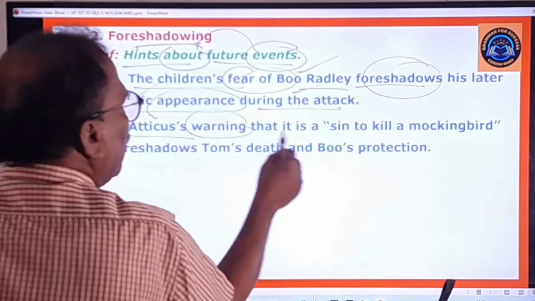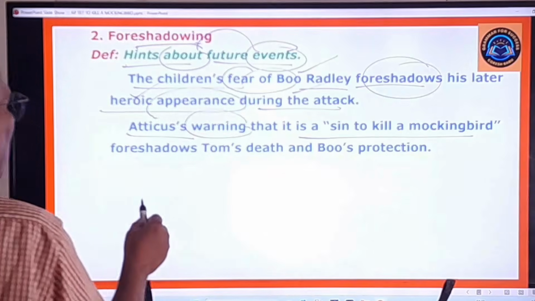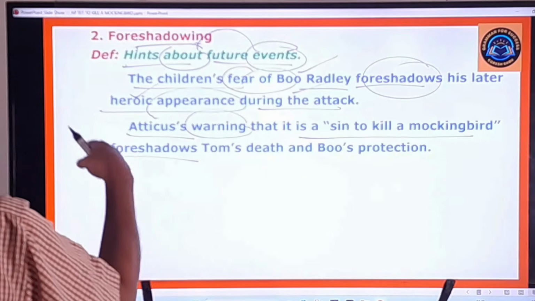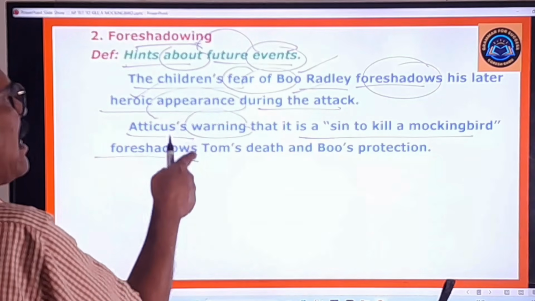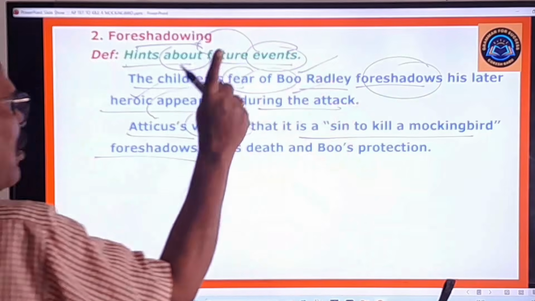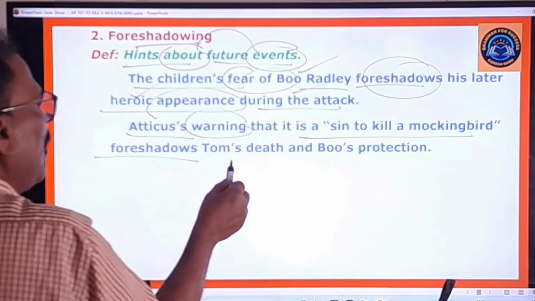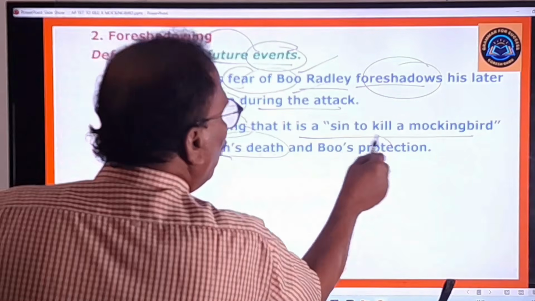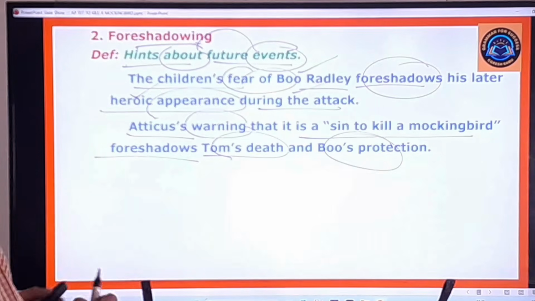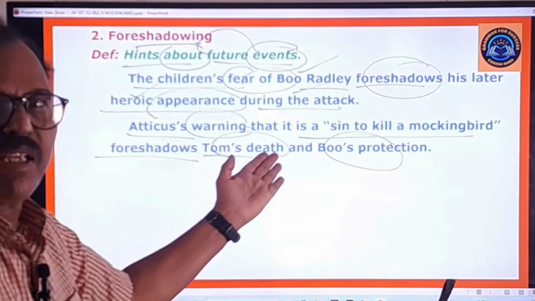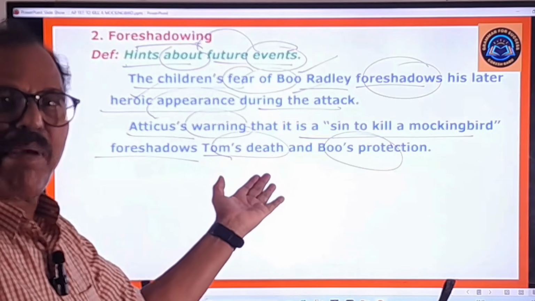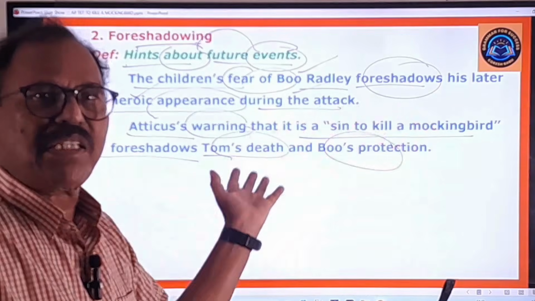Atticus's warning that it is a sin to kill a mockingbird foreshadows. Atticus Finch tells his children that it is a sin to kill a mockingbird. This foreshadows Tom's death and Boo's protection. So here, Tom Robinson is a mockingbird. He is an innocent man, just like the mockingbird. So there is a comparison.